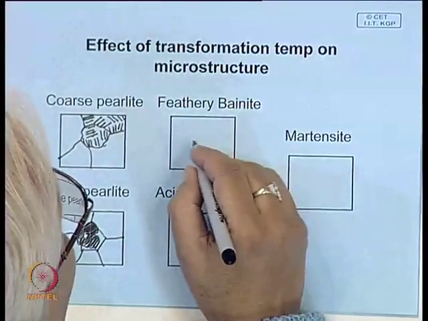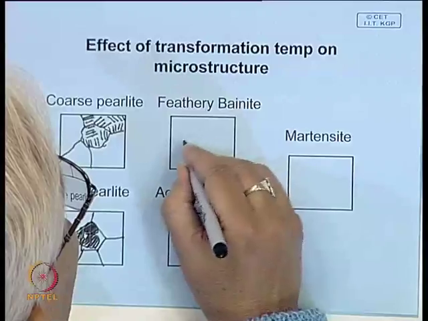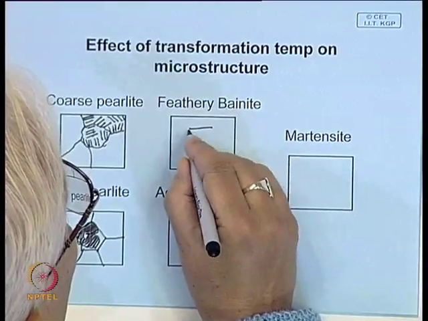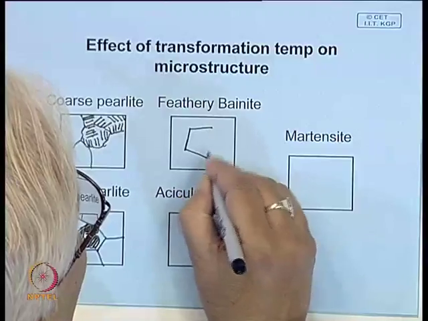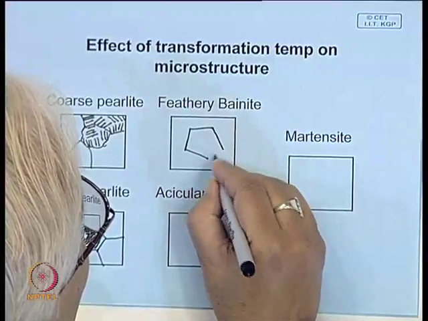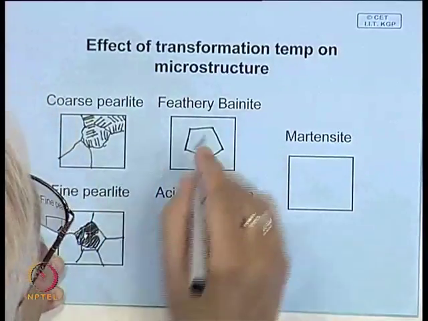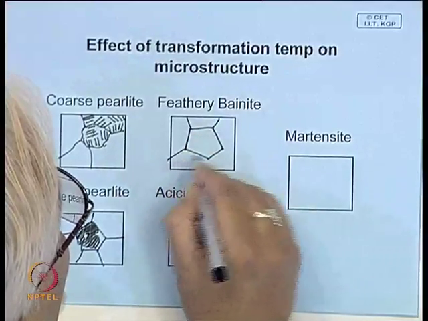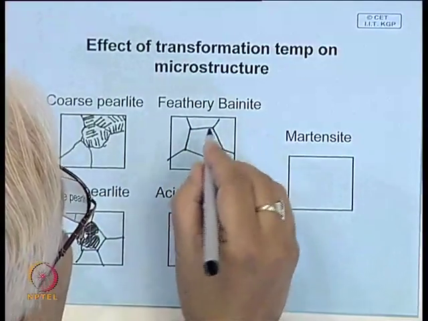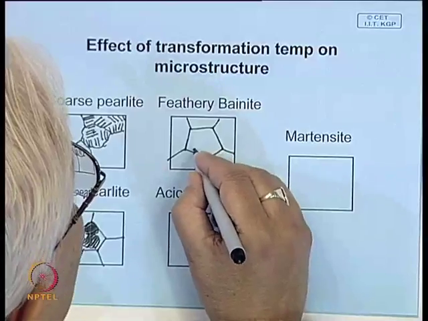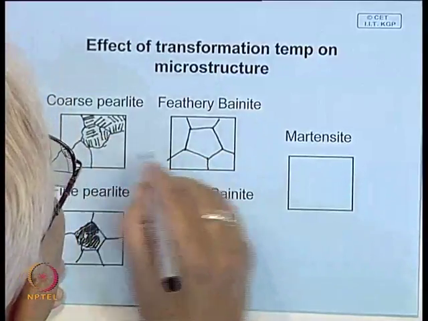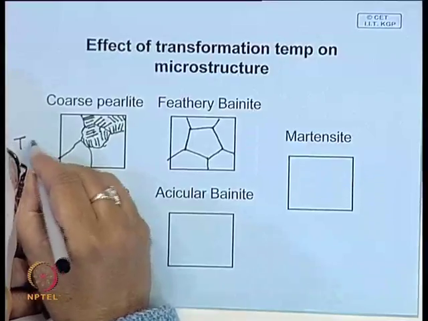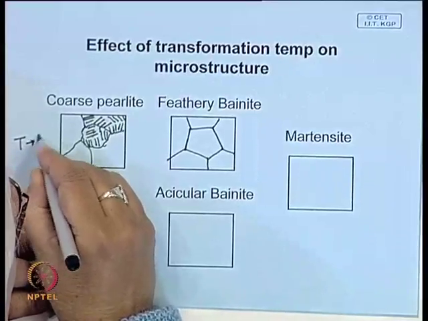Now, in case of bainite, suppose this is an austenite grain in the structure, and when bainite starts forming, mind you, this takes place at a low temperature, whereas pearlite forms at a high temperature.